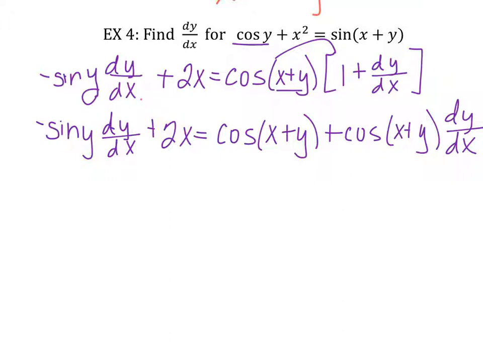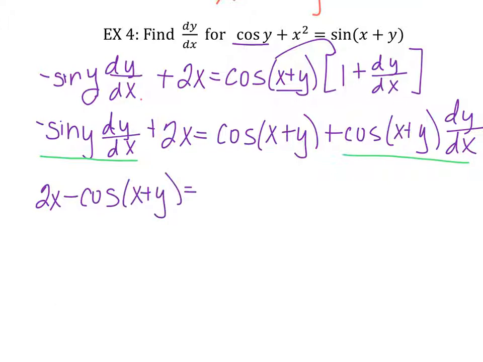All right. Now, just to prove to you I can move everything to one side, a different side, I'm going to move those things that have dy dx. That one's positive. Since this one's negative anyway, I'm going to move it to the right, and I'm going to move the things that don't have dy dx to the left. So I'm going to keep this 2x on the left, and then subtract cosine of x plus y.